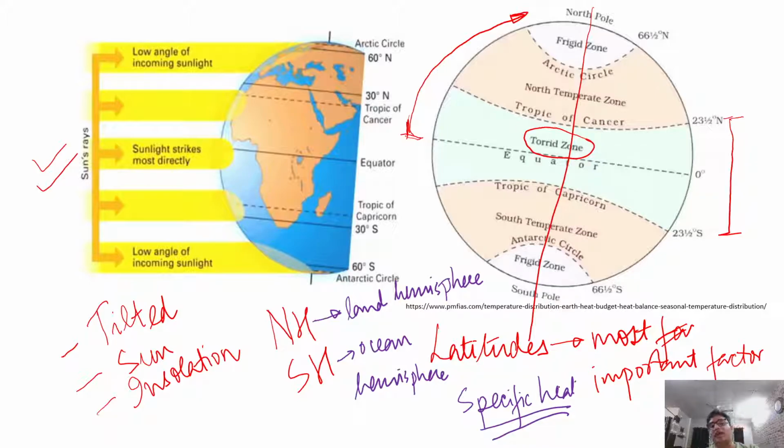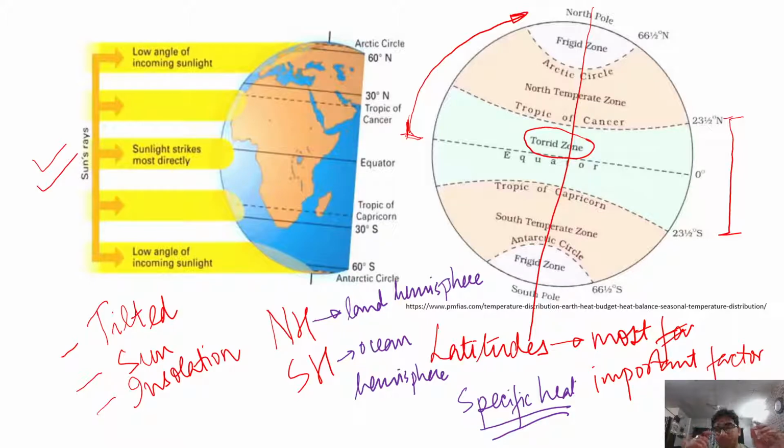I am sure you all must know what is specific heat or specific heat capacity, and owing to this property, the land warms quickly and cools down quickly, while the water warms slowly and cools slowly. So this change of the rate of warming and cooling of land mass and the water bodies impacts the distribution of heat to a large extent.